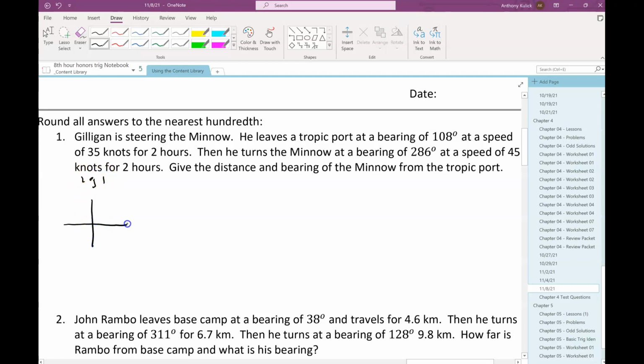On the first leg, we do a bearing of 108, but I need to translate that into a standard position angle. That's 360 minus 18, so 342. We're going 35 knots for 2 hours, which is 70 nautical miles.